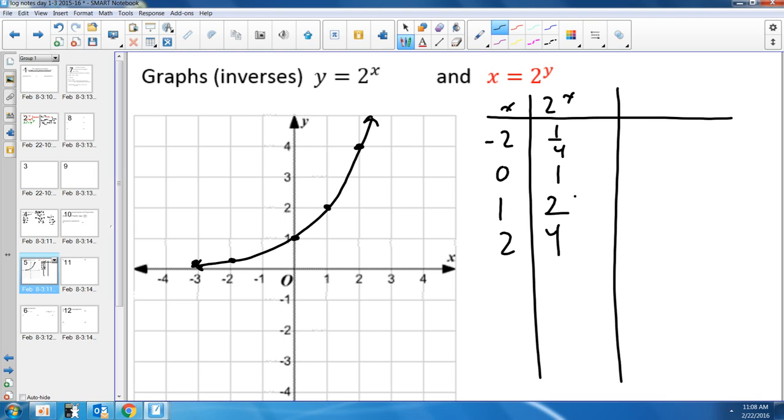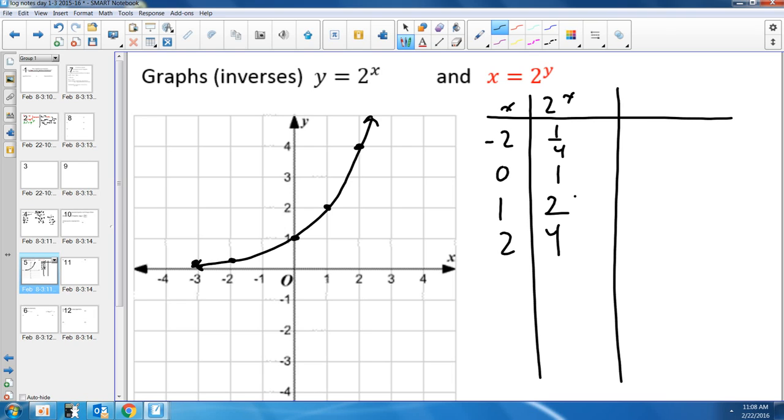So because it's positive, it'll never get to 0. That means it's going to keep getting closer to 0, but never touching it. If you had a negative 1 billion, it would be 1 over 2 to the 1 billion, which is a very small number, which means it's going to be coming out this way. All right, so that's what that looks like.